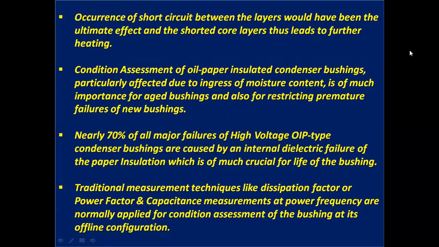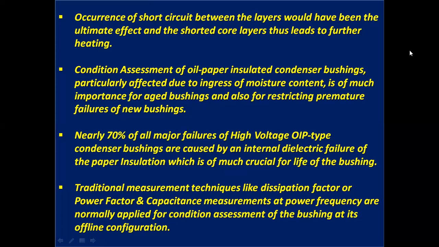Condition assessment of oil paper insulated condenser bushings, particularly those affected by ingress of moisture, is of much importance for aged bushings and also for restricting premature failures of new bushings.